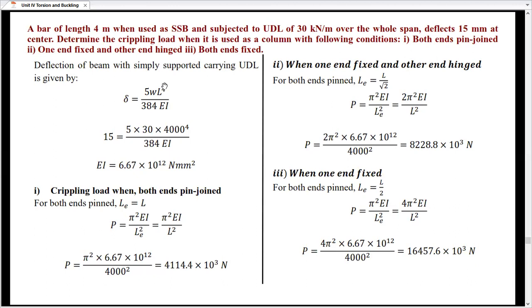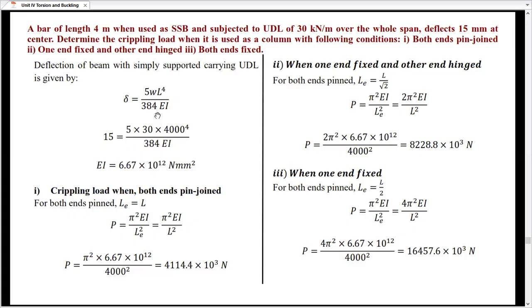First, we have to determine the value of elasticity and moment of inertia because that data is not available. So we can write delta equal to, this is the equation when a simply supported beam is subjected to UDL: deflection is equal to 5 W L raised to 4 upon 384 EI. That is the standard equation which we use to calculate deflection.